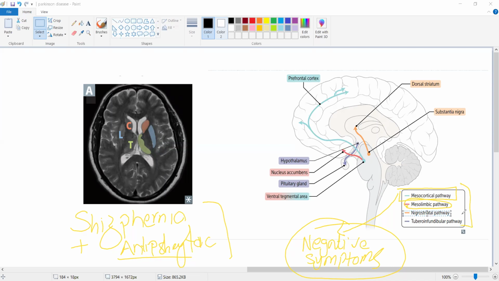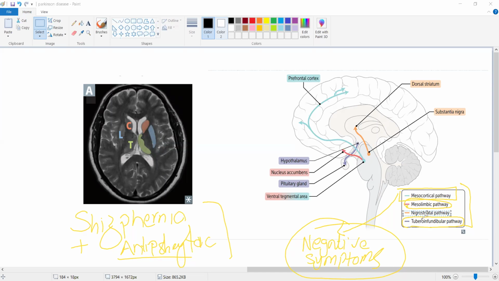If you think about negative symptoms, mesocortical pathway. If it is a positive symptom, mesolimbic pathway. If there is a movement problem, then it is the nigrostriatal pathway. And if there is a prolactin issue, then it is the tuberoinfundibular pathway, right? So you have to know these pathways and their effects.